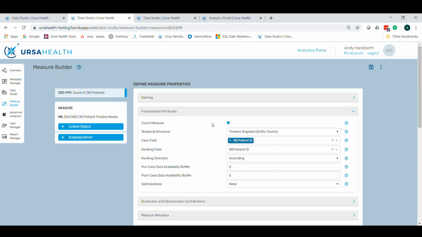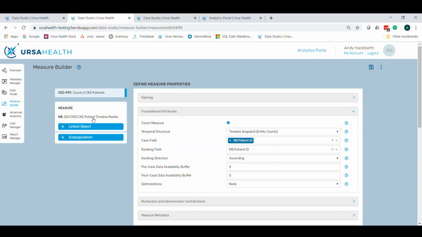Again, a lot of that is obscured by clicking the count measure checkbox, but fundamentally behind the scenes, that's how we structure those. And so it's really the same set of rules behind the scenes, with just some tweaks in how it's parameterized to go from a rate measure to a count measure. They're really the same underlying structure.